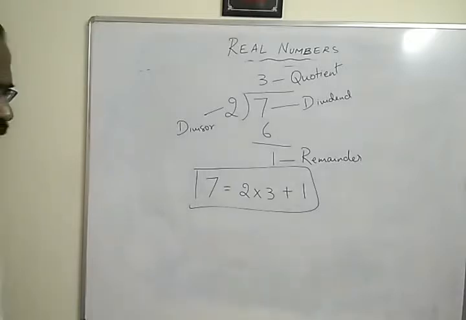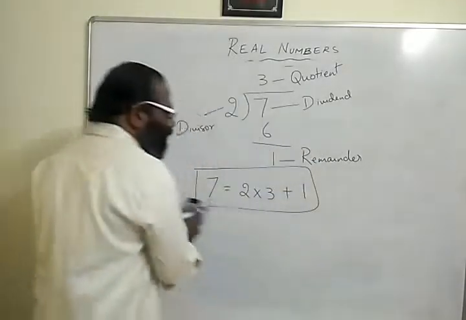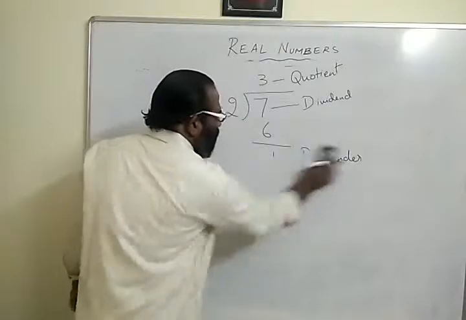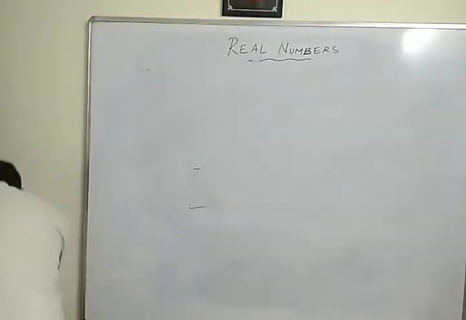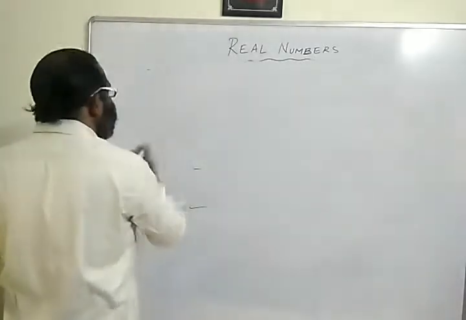So Euclid's division lemma states that, let me just clearly write it down, you can also take it down.